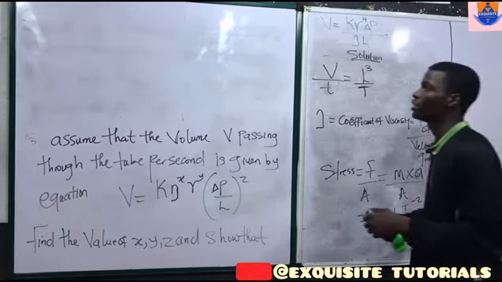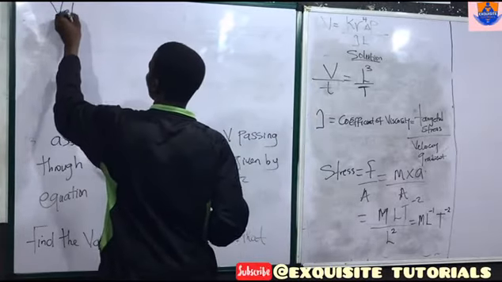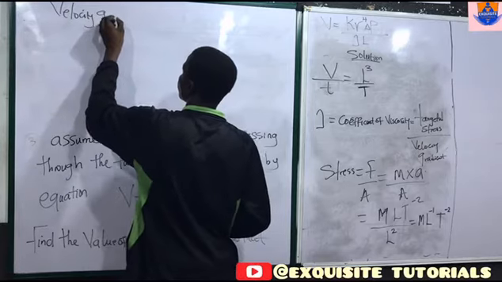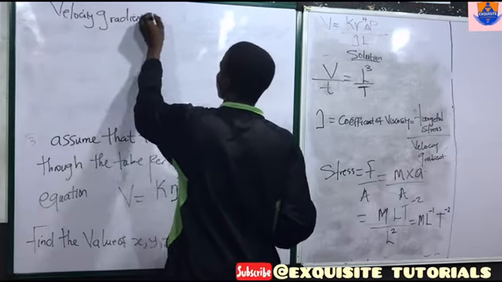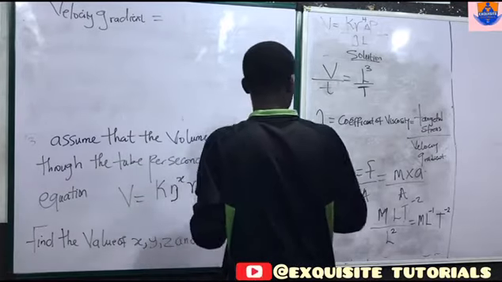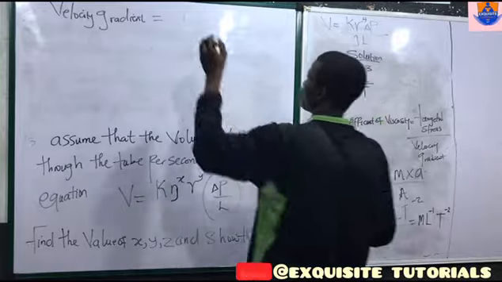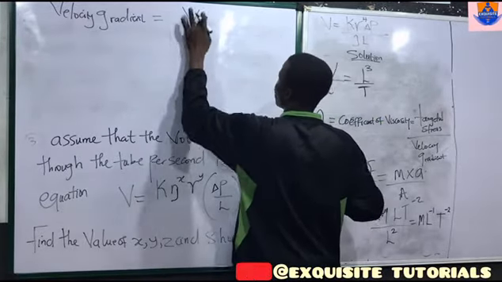Then for our velocity gradient, it is equal to the velocity, our V rather, all over.